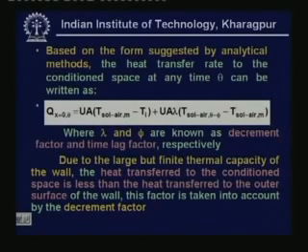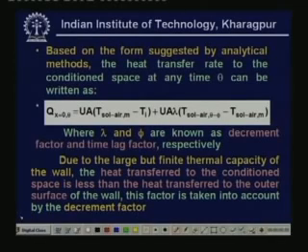And based on the form suggested by analytical methods, the heat transfer rate to the conditioned space at any time theta can be written as follows. As I said, this is the form suggested by the analytical method.